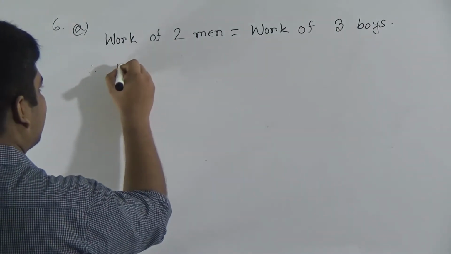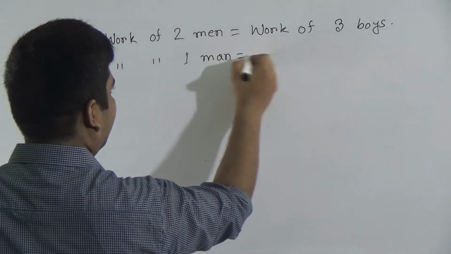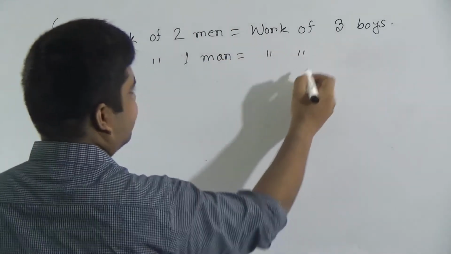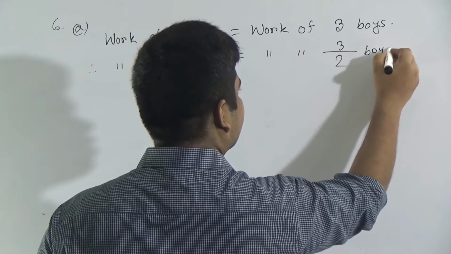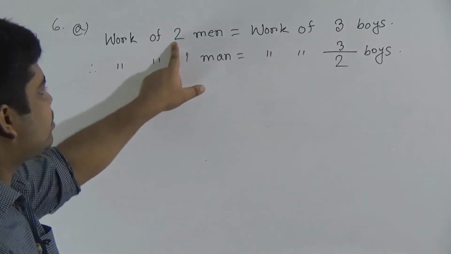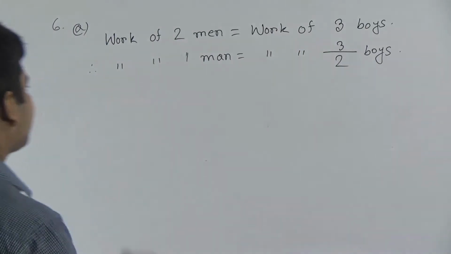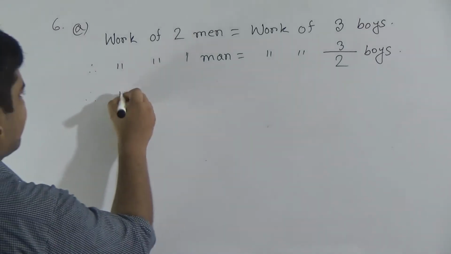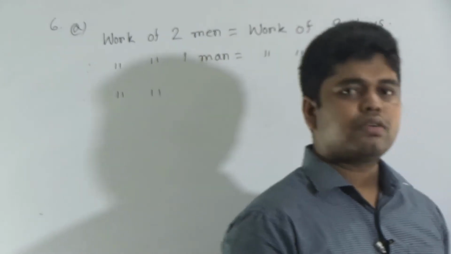Therefore work of 1 man equal to work of 3/2 boys. Okay, as 1 is less than 2, for this reason division will happen. That means 3/2 boys. After that, notice we convert this 4 men into boys.